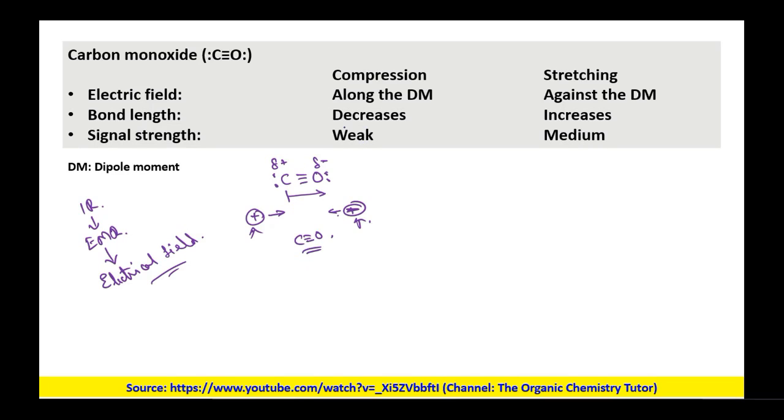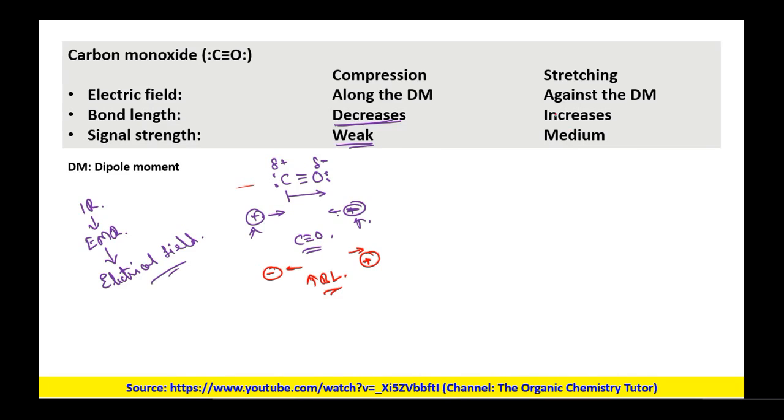And if there is a decrease, the signal strength will be lower. However, if the orientation is the other way round, then this carbon atom will be pulled towards the negative terminal, and O will be pulled towards the positive terminal, and there will be an increase in the bond length.